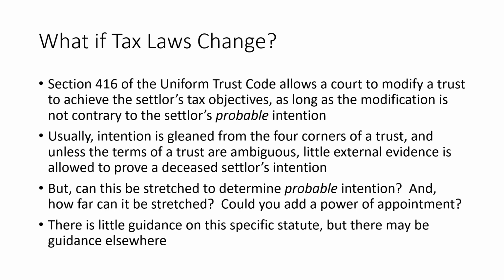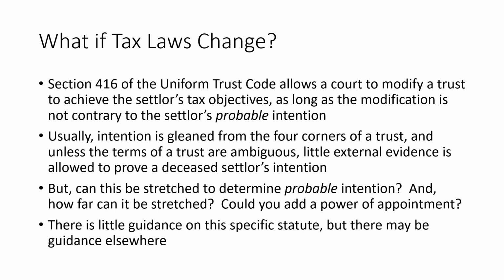Now, there's little guidance on this specific statute, but I want to highlight the why first, because if a beneficiary dies holding a general power of appointment over a trust, as opposed to a limited power of appointment, then that beneficiary will apply some of their estate tax exemption to the trust and maybe their generation skipping transfer tax exemption to the trust, which could save transfer taxes for the trust over time.